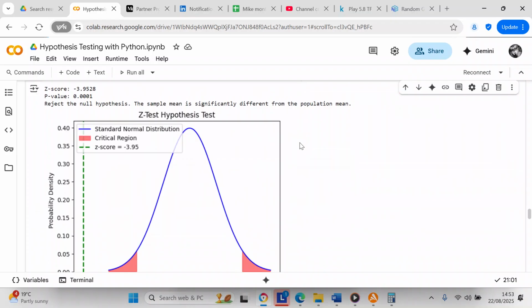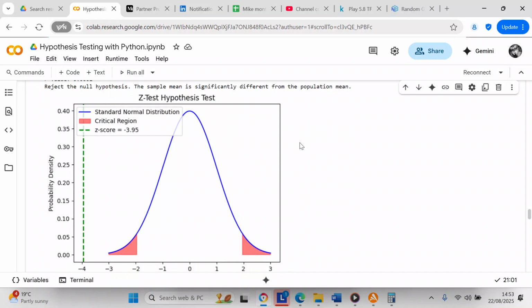So although we may think it's only a 1 milliliter difference, Python thinks that the sample mean is significantly different from the population mean, even though it's a 1 milliliter difference.